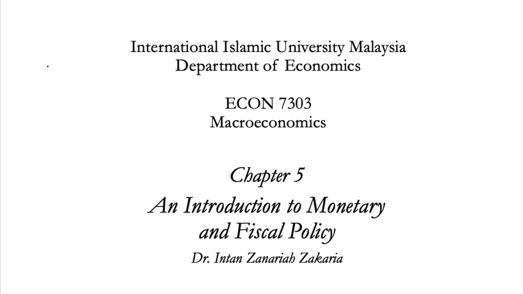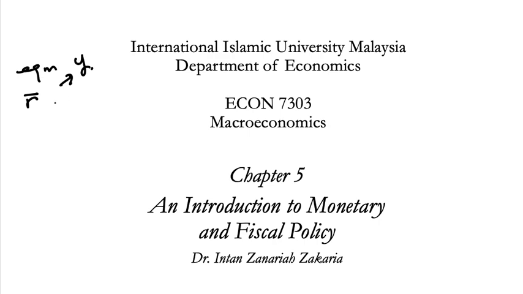chapter 1 and 2 and also chapter 3, you can see that in the determination of equilibrium income, we have an assumption where interest rate was constant. Well, we only want to look at what happens to output in the economy.